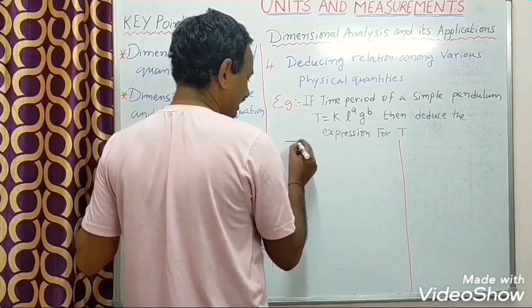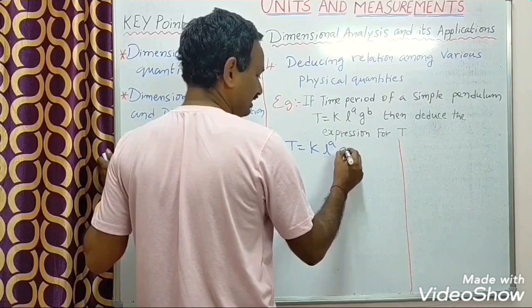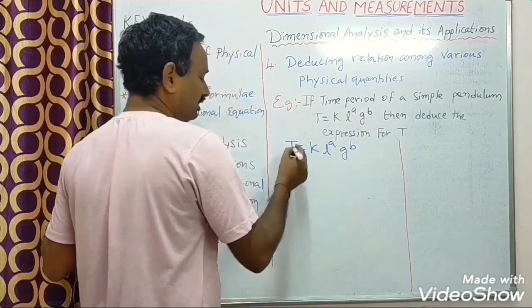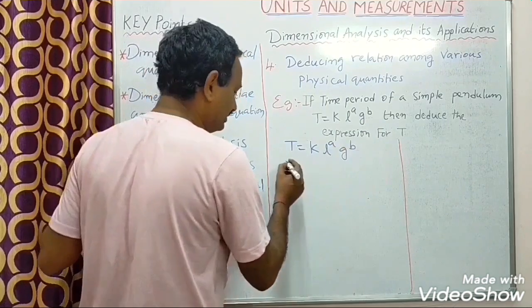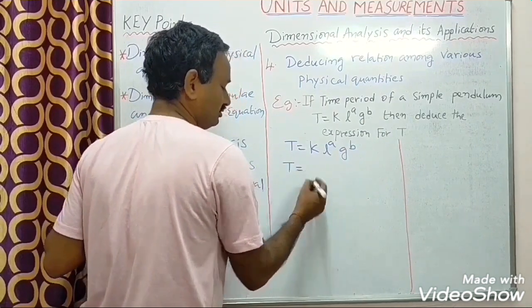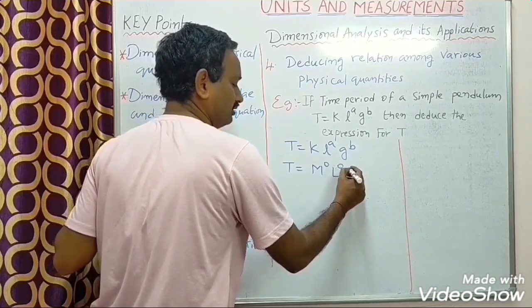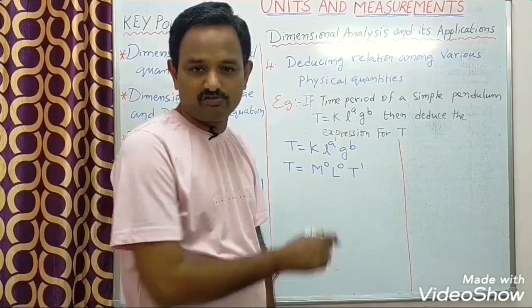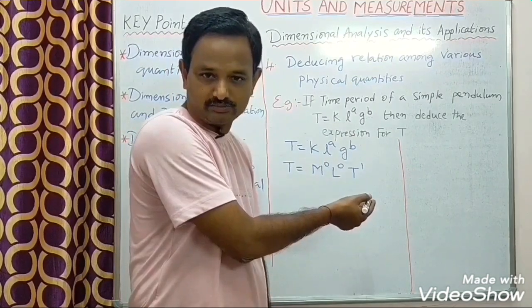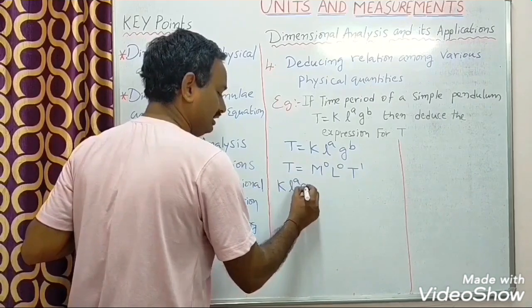Given T equal to K into L power a, g power b. Dimensions for the LHS term, that is time, I will write T equal to M power 0, L power 0, T power 1. Then I will write dimensions for the RHS term, K into L power a, g power b.